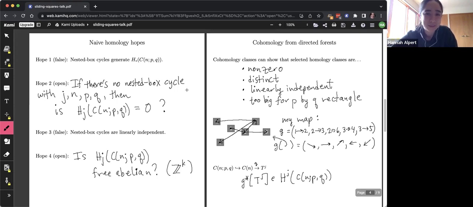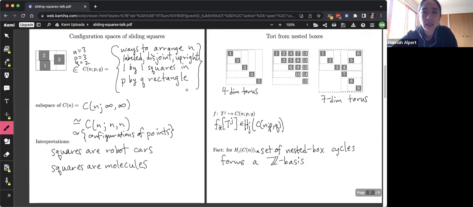But it seems like not. And similarly, pictures like this we realized were important because there was more homology than we were able to draw just for pictures like this one. So that has been useful.